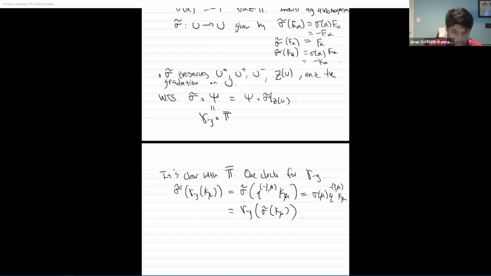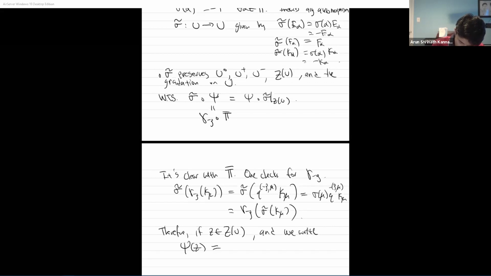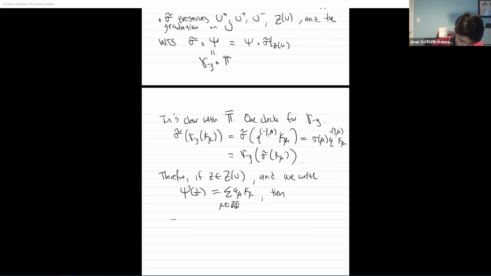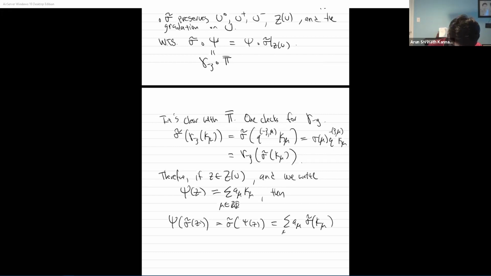Okay, so therefore, if Z is central, and we write psi of Z in terms of the basis, sum over mu element of Z phi, A mu, K mu, then we have psi of sigma twiddle of Z is equal to sigma twiddle psi of Z, which is equal to the sum of A mu sigma twiddle K mu, which is equal to the sum of mu A mu sigma mu.